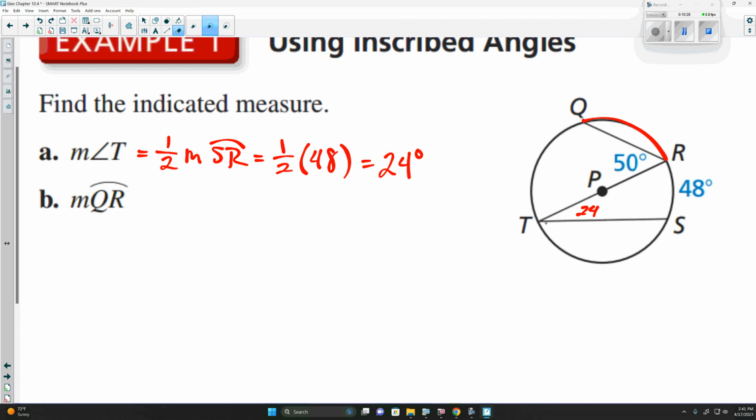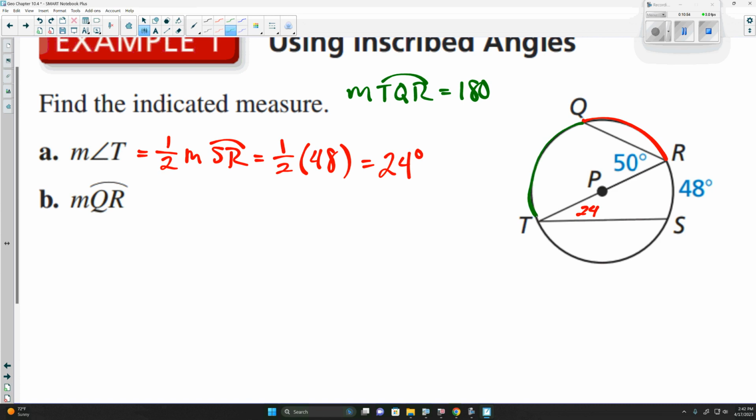It's the diameter. So what would the measure of arc TQR be? Because any arc that's connected to the 2 points of the diameter will be 180, yes? So we know what the whole thing is.